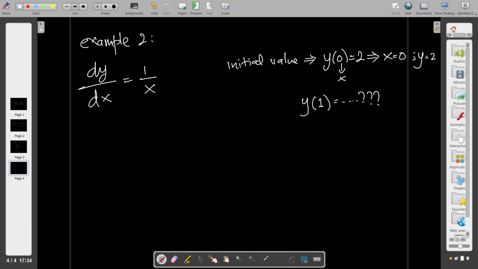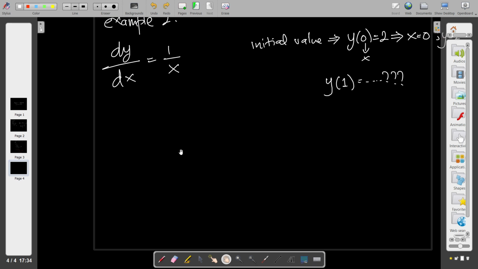Now we are going to find the solution of this. I will move the dx to this side, so it will be dy equals 1 per x dx. Because I want to find the value of y, I have to integrate this.